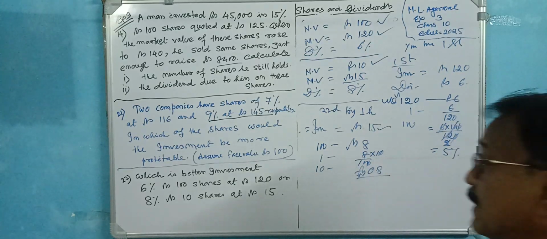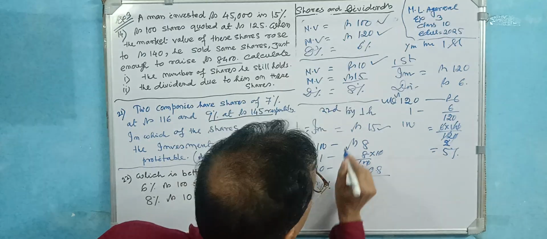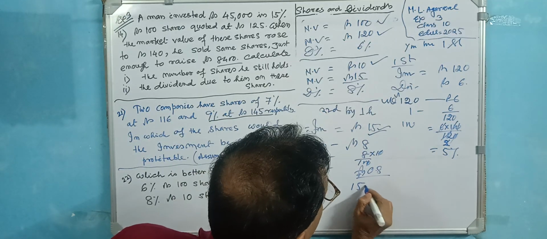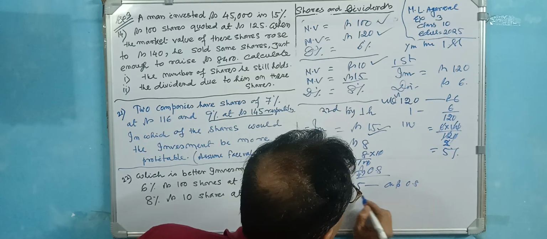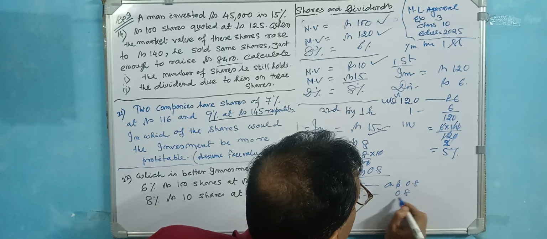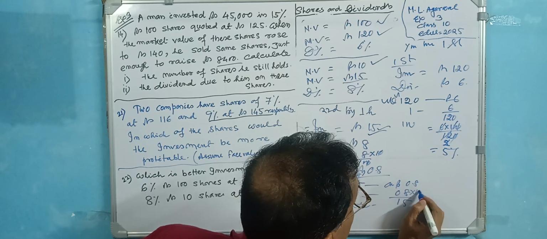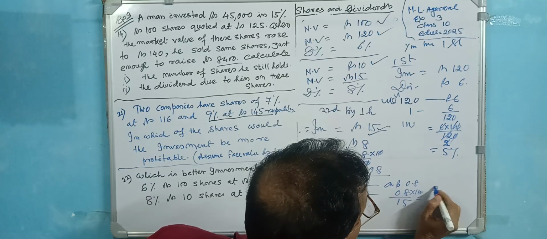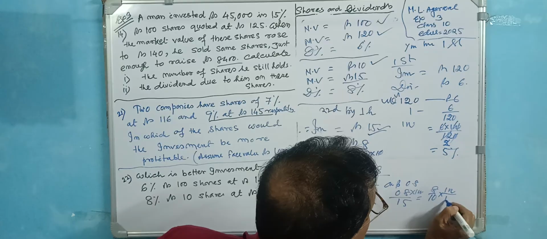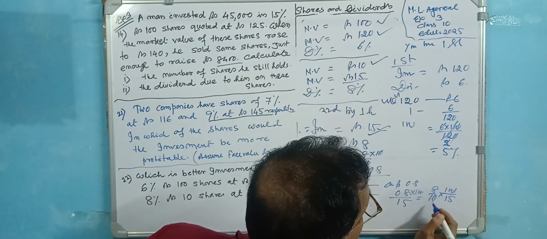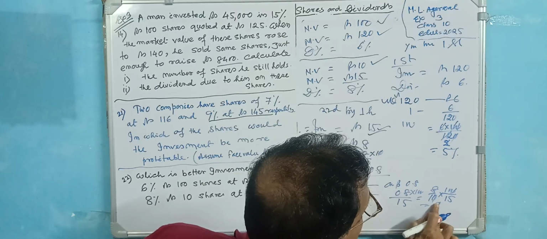Okay, now what is the percentage of return? You invest actually 15 here. Out of 15 you get rupees 0.8. For 1 how much, 0.8 by 15, for 100 how much, into 100. Now what is the calculation? 8 by 10 into 100 by 15. So 80, cut.